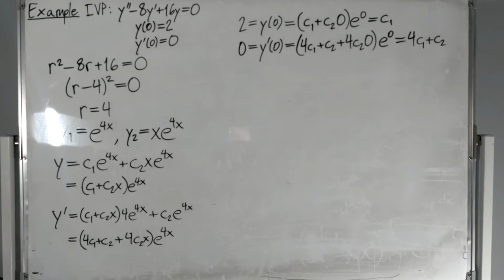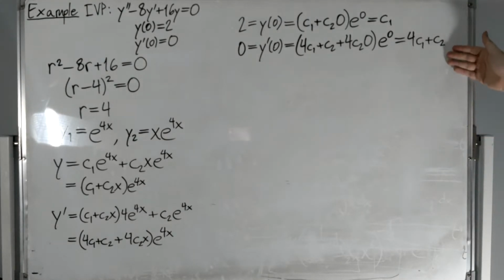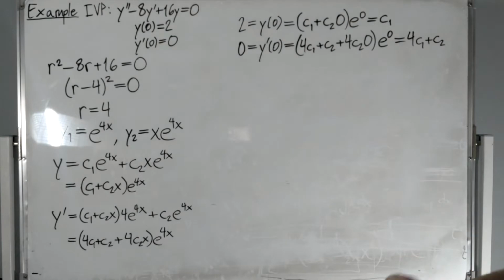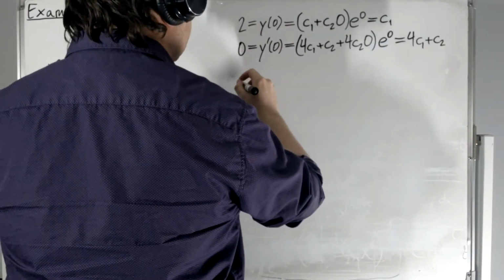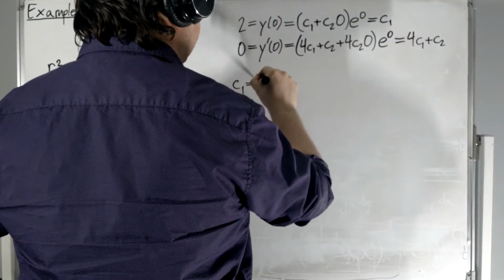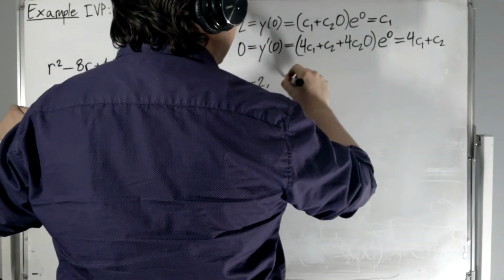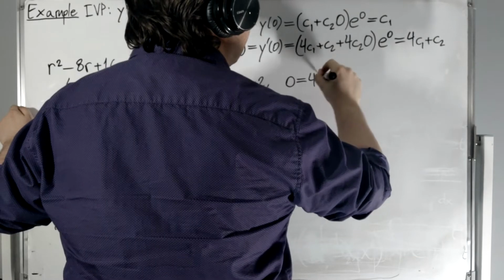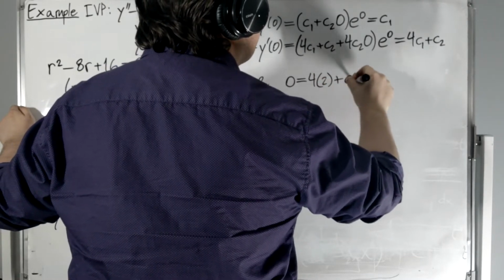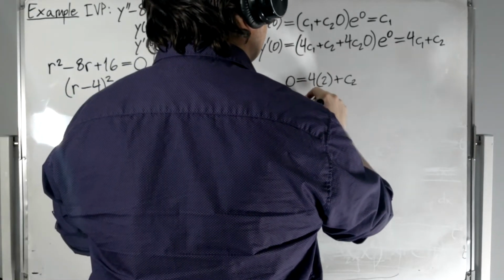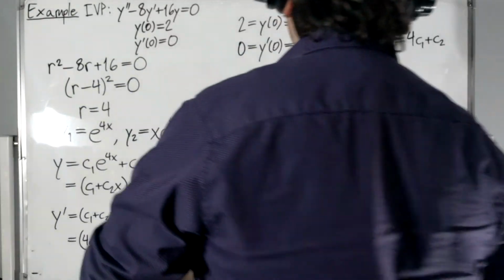So again, this is a system of equations that we can solve for c1 and c2, although in this case the first equation is just telling us straight up that c1 is going to be 2. As for c2, well, we know that 0 is going to be 4 times c1 plus c2. So that means that c2 is going to have to be negative 8.